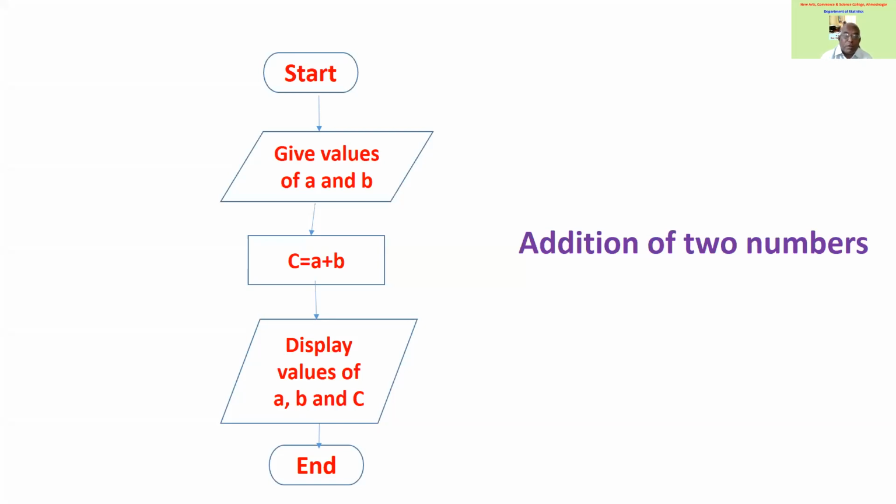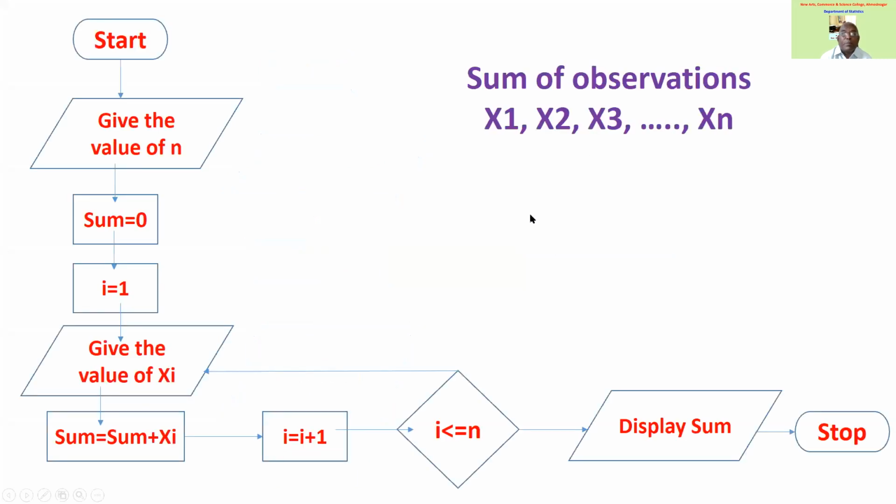I will show you another algorithm flowchart. And this flowchart is for the sum of observations. Yesterday we wrote its algorithm. Now today we are writing its flowchart, sum of observations. So let us see. The first step is start. If you see the very last step, it is stop, meaning end.